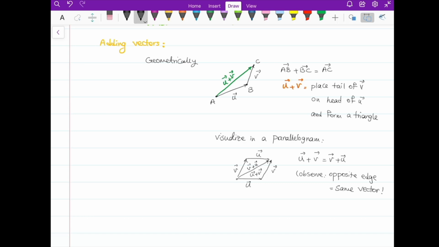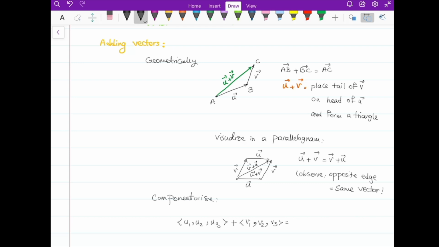Okay, now component wise, if we have a vector u with the components u1, u2, and then u3 in a space, I'm going to add it to the second vector, v, with the components v1, v2, and v3.